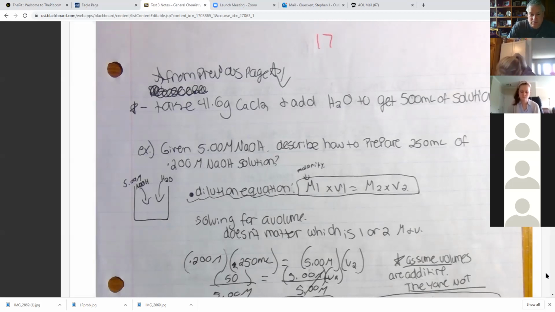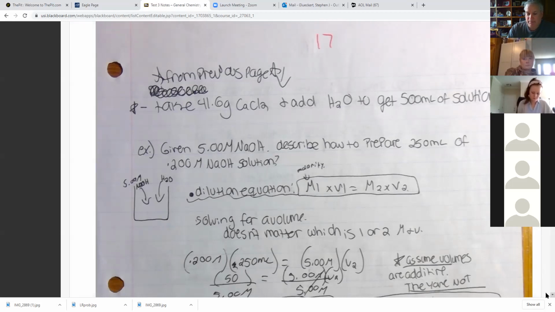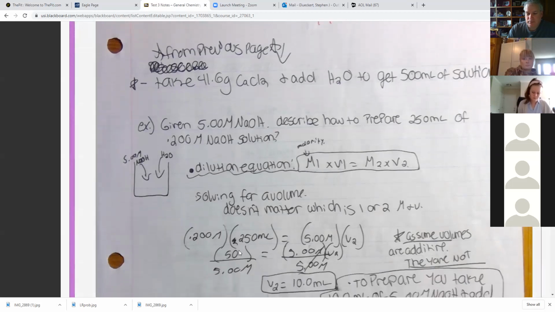So looking at our problem here, we have a bottle of 5 molar sodium hydroxide. That's our only source of sodium hydroxide. We want to make 250 milliliters of 0.2 molar sodium hydroxide. So we've got two things going in this solution: our 5 molar sodium hydroxide and water.